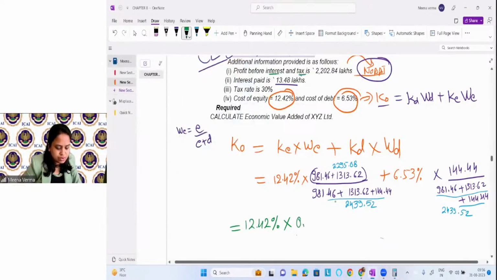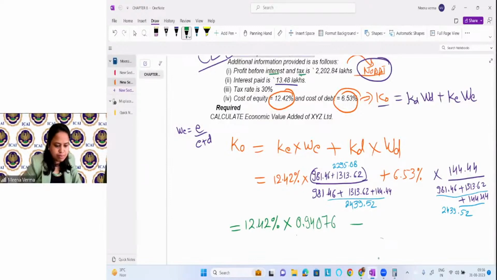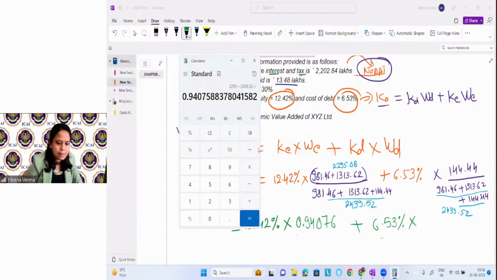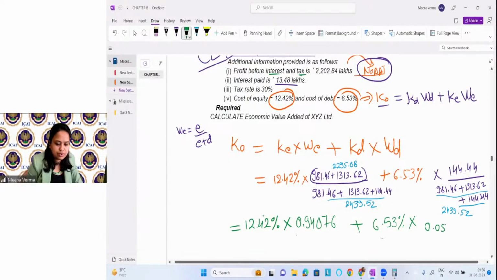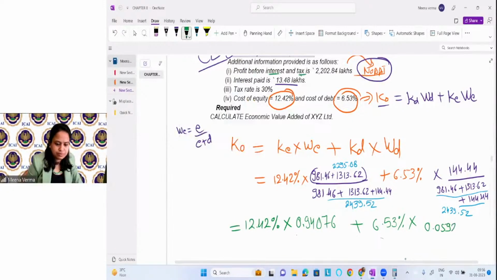So 12.42% into 0.94076, right? Plus 6.53 percent into 0.05921, right?